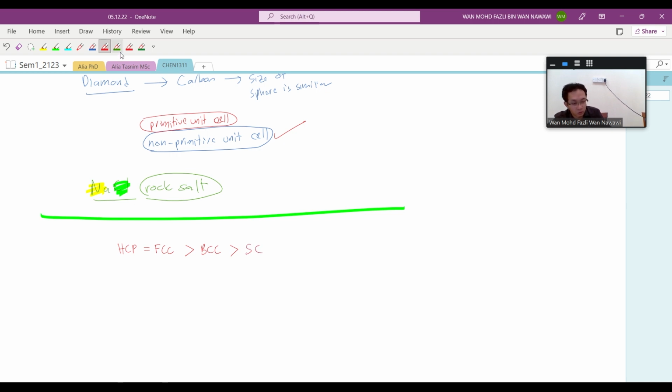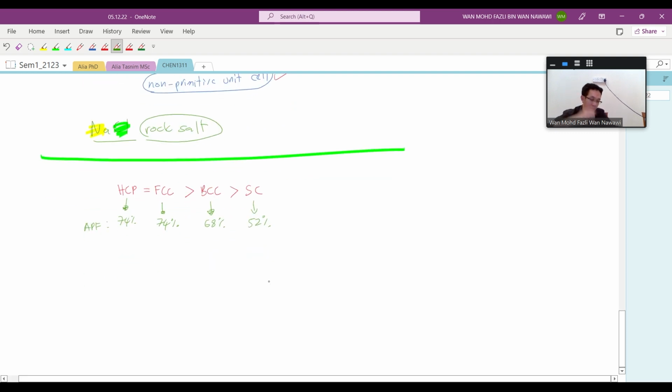To repeat, the atomic packing factor for HCP is around 74%, FCC is around 74%, BCC is around 68%, and simple cubic has 52%. The atomic packing factor allows scientists to compute the theoretical density.